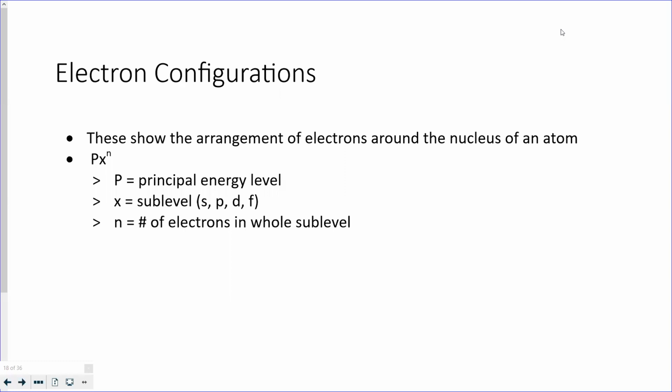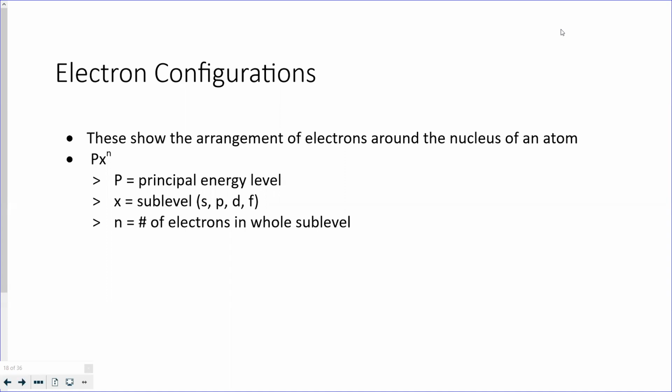We're going to use this information to show where electrons are likely to be found around the nucleus, which we refer to as an electron configuration. So, electron configuration shows the arrangement of electrons around the nucleus of an atom. So, we simply list out the likely location of electrons in an element.